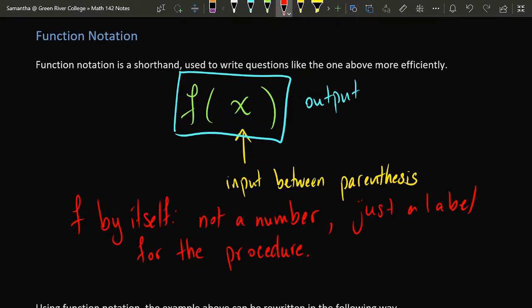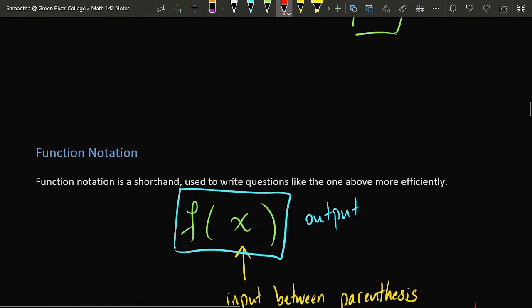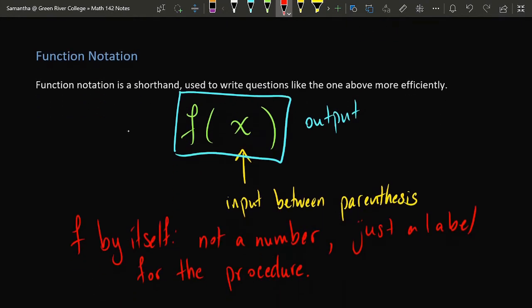For example, stop, drop, and roll is a label for the procedure that they recommend if you find yourself caught on fire. So in this case, f is just a labeling for a procedure, a function called f. But by itself, it's not a number. The x here is a number, and f(x) is a number, but f by itself is basically text. It's basically just a label for this function, a name for this function.